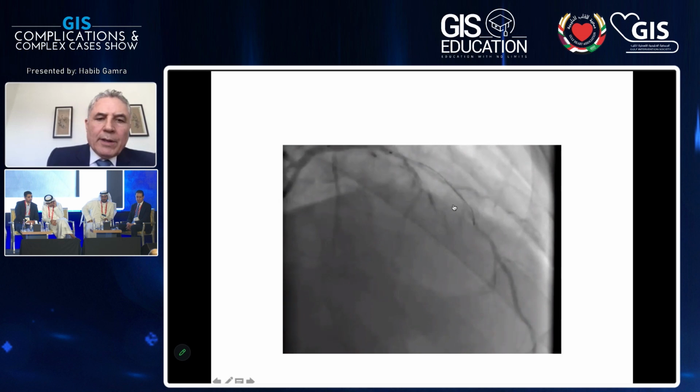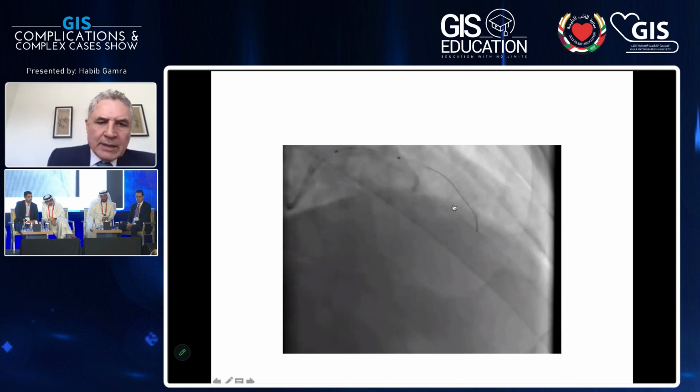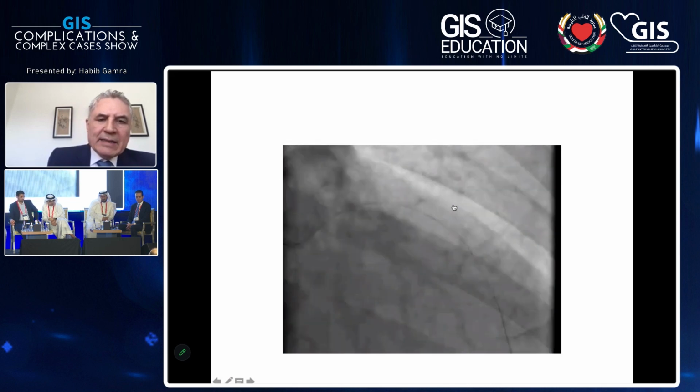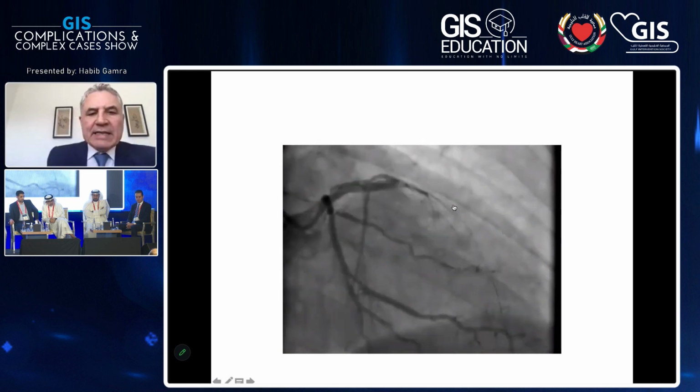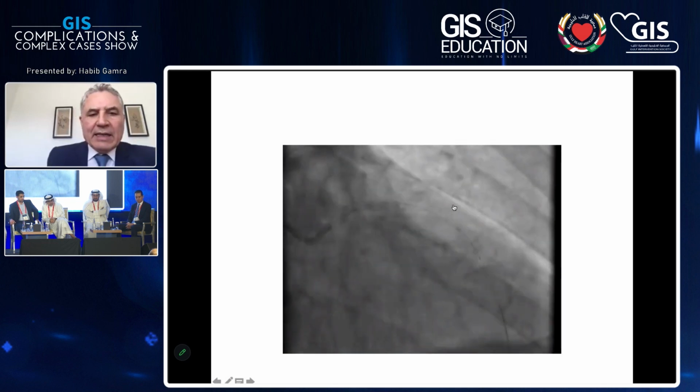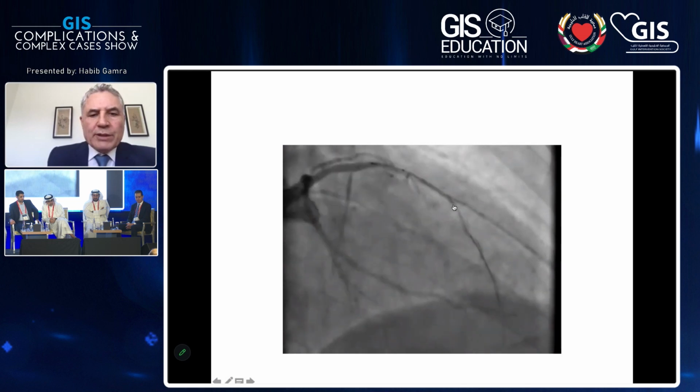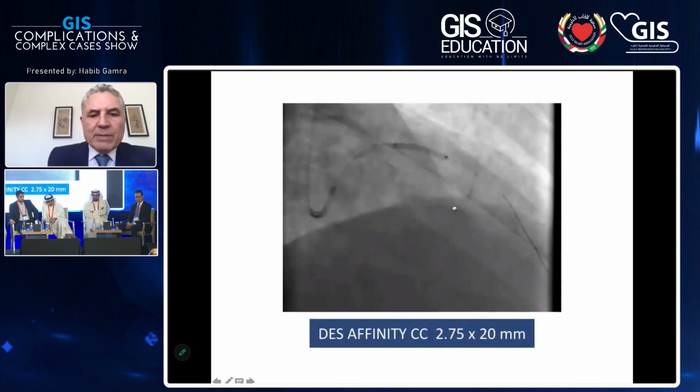So they had not looked at that part, and they went back with a wire that was, in the second procedure, also out of the artery. They ballooned, and then they found a way of finding the true lumen, or what looks to be the true lumen, and then stented the LAD again with another DES after ballooning.